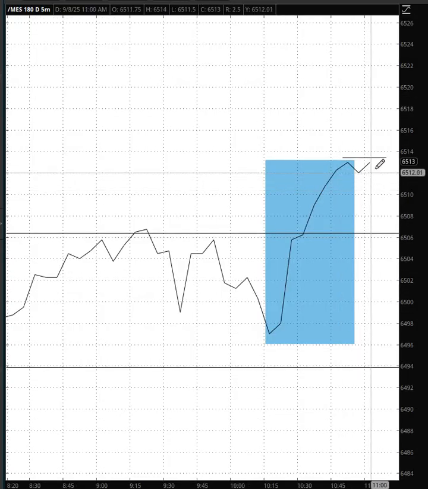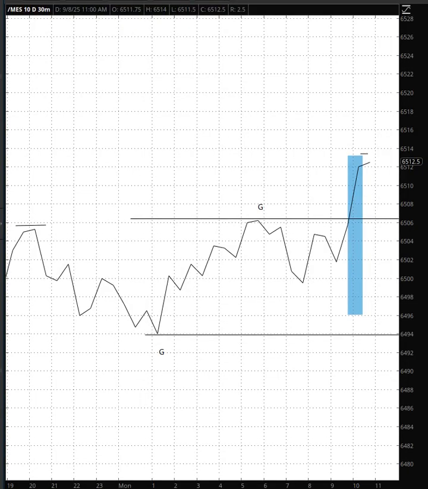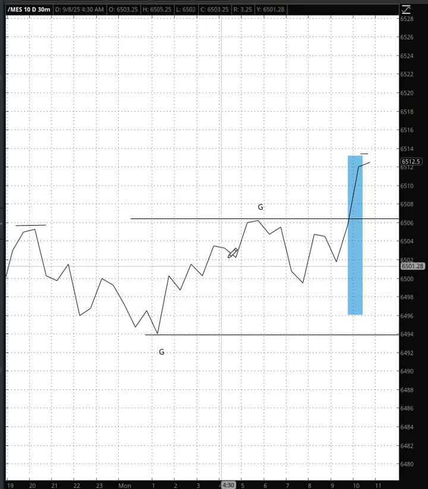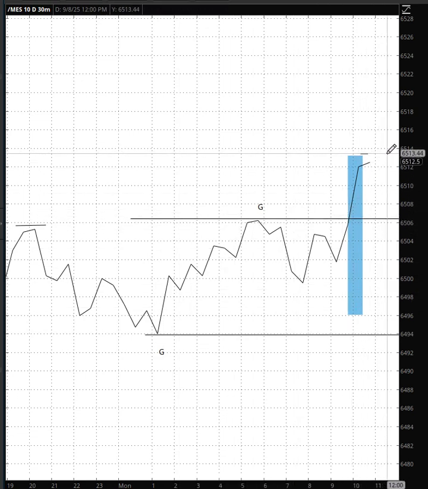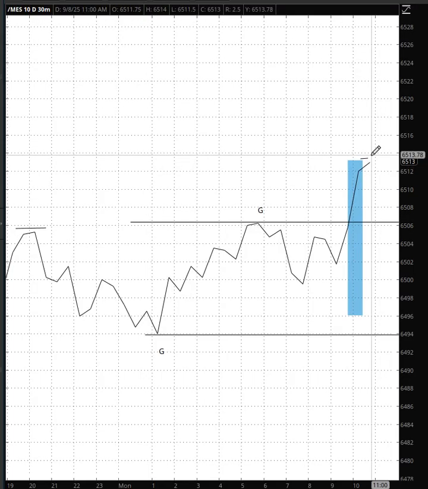If it holds here, the 30-minute time frame should descend down. So again, a perfect example of a standalone fractal. You can find that from Neil on his channel. He'll point them out on the shorter time frames. And now it's a game of waiting for that 5-minute fractal here.